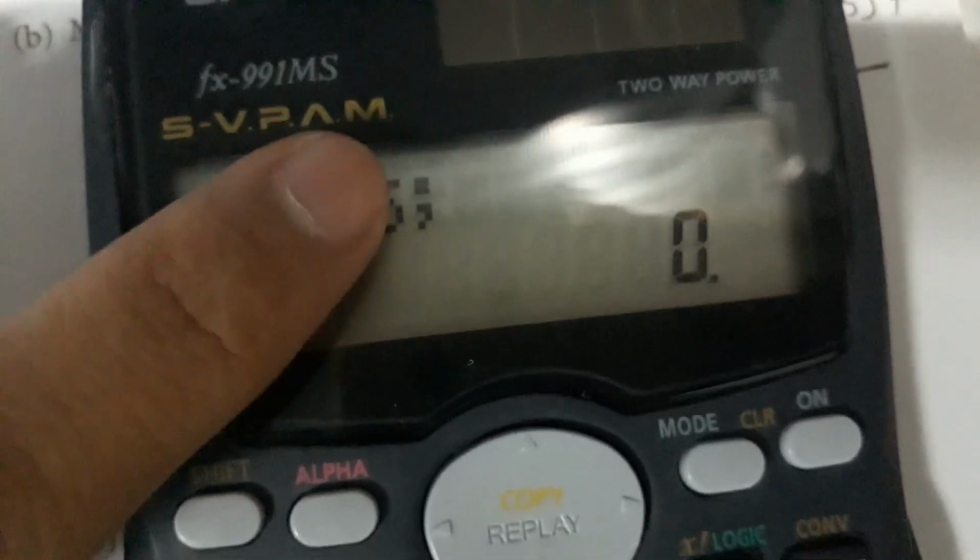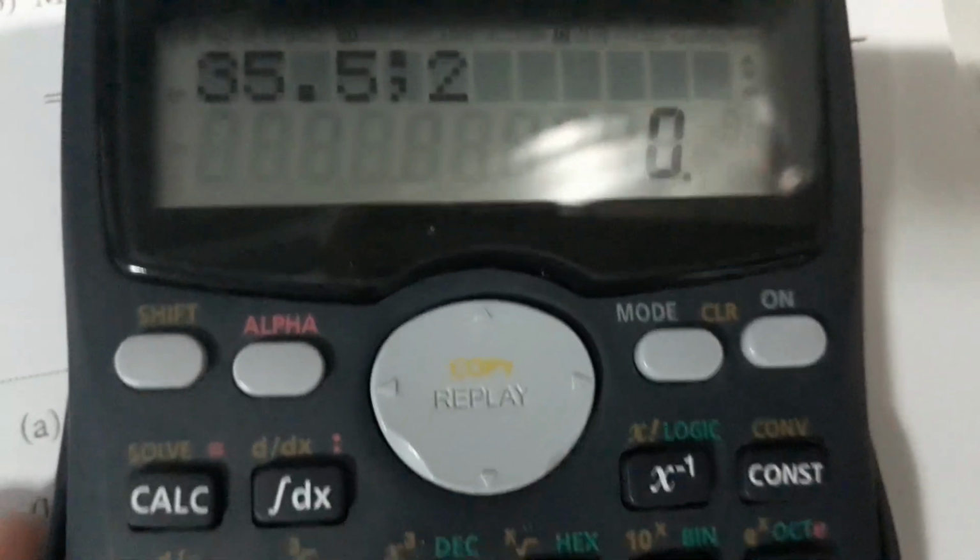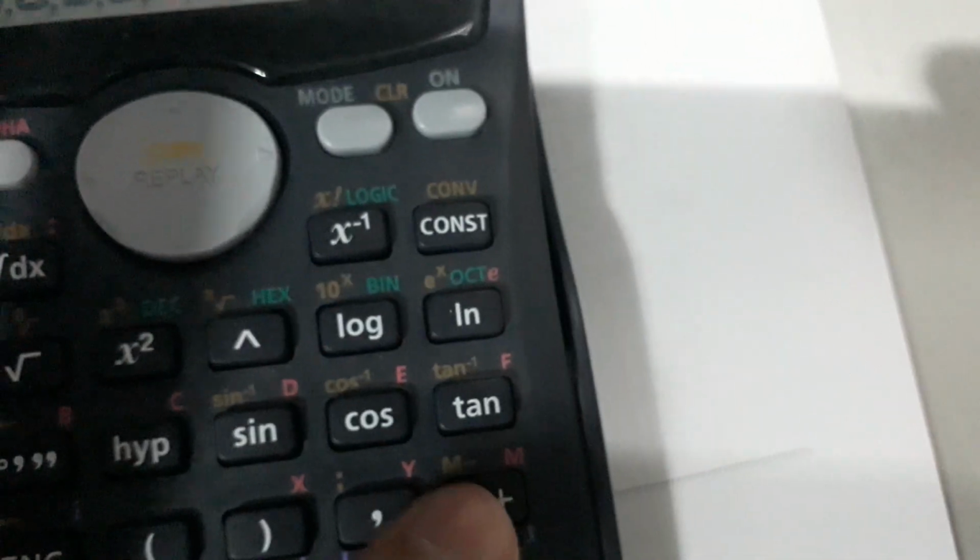After you get this symbol, you insert the frequency, which is 2. After that you don't press equal, never press equal. You press M plus.